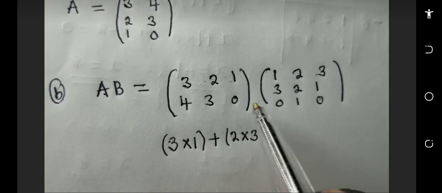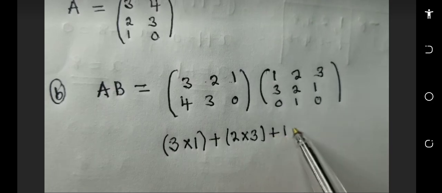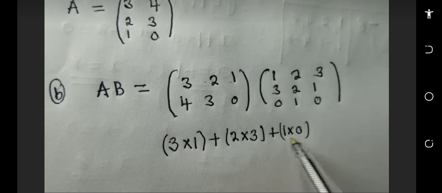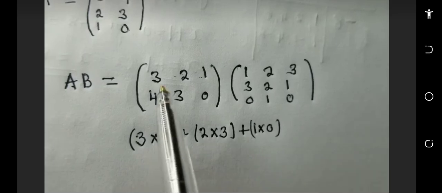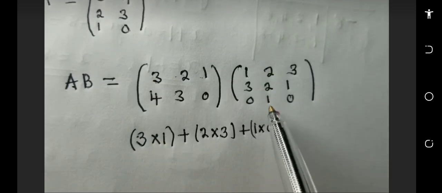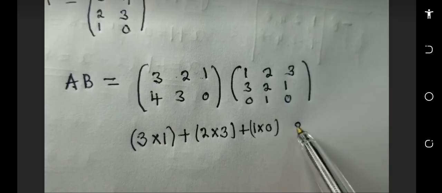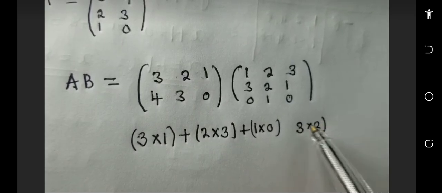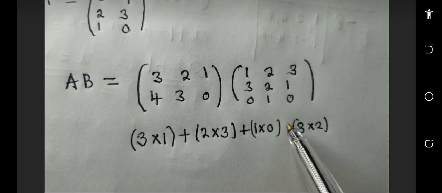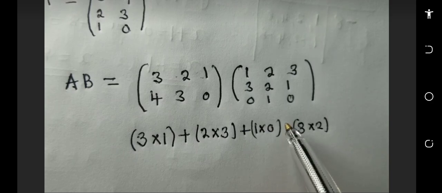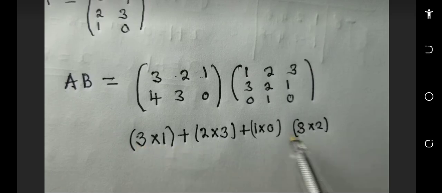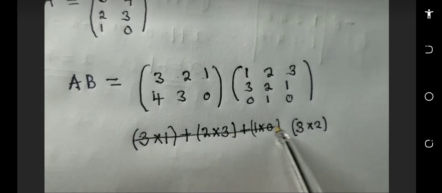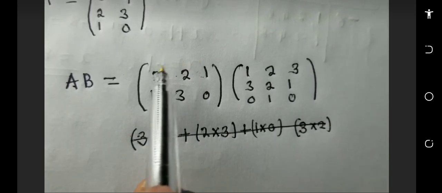Next, it's 1 times 0. We are done with the first one. Next one, it will be this with this, so it will be 3 times 2. Since I'm running out of space, I'm not going to write this. Let me just multiply directly.